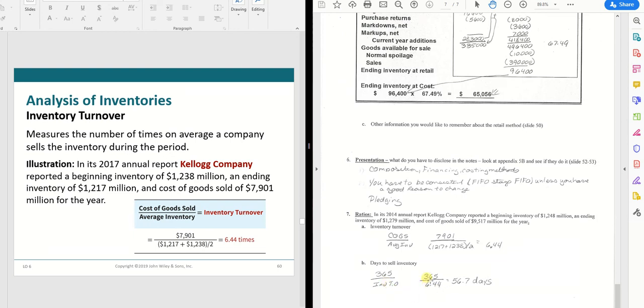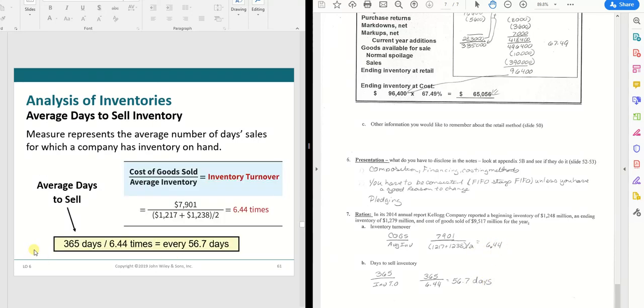So you take 365 divided by the inventory turnover, you get 56.7 days. So most of the time this one's easier to understand, although in business they talk about that lingo more often. Okay, so 56.7 days, and you are not responsible for the appendix, and we are done. Congratulations, you are finished.